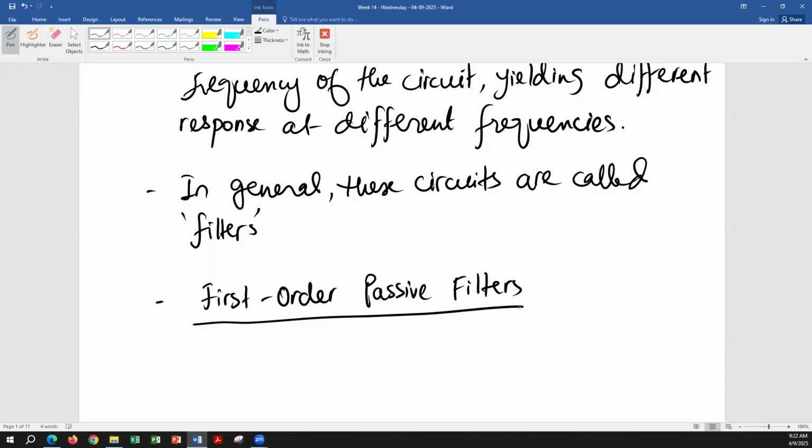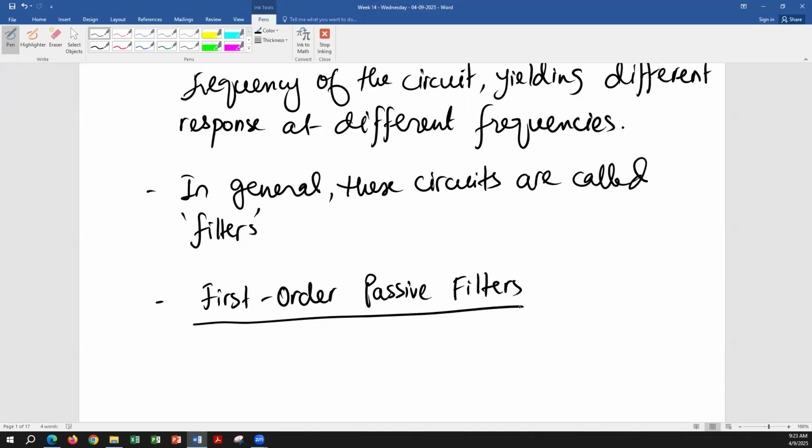But active filters are different from the passive filters such that they provide two functionalities. They provide filtering of the signal. So over some frequencies, they let the signal go. Other frequencies, they stop the signal. In addition to that, they also provide amplification of the input signal over the range of frequencies that they let the signal go.